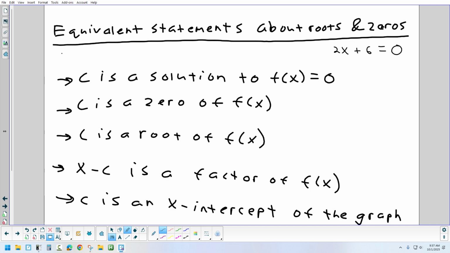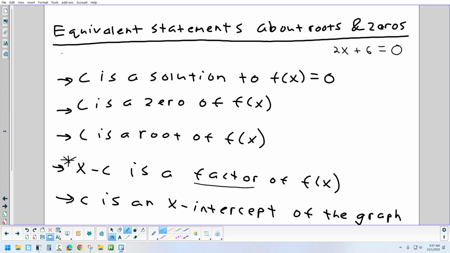This is the one that's most important, though, right here. If negative 3 is a root, then that would automatically mean something has to be a factor, right? Think about negative 3.